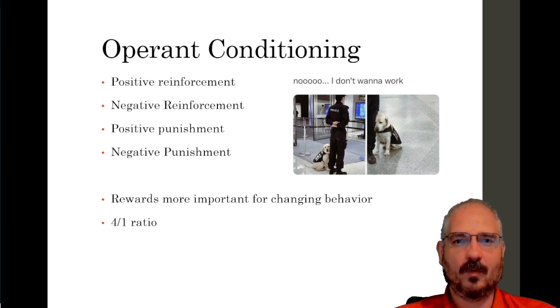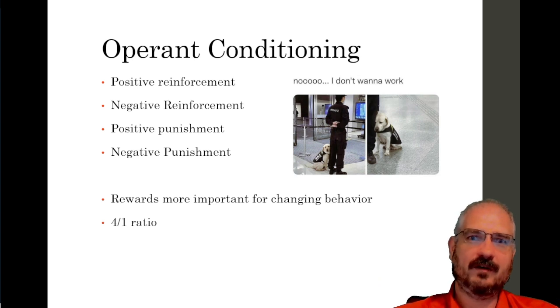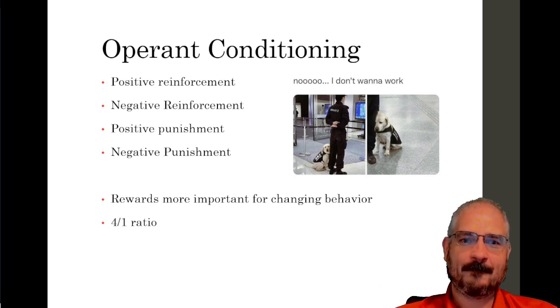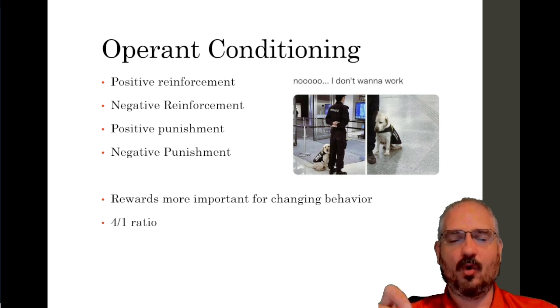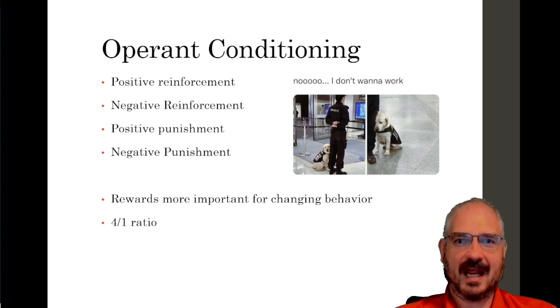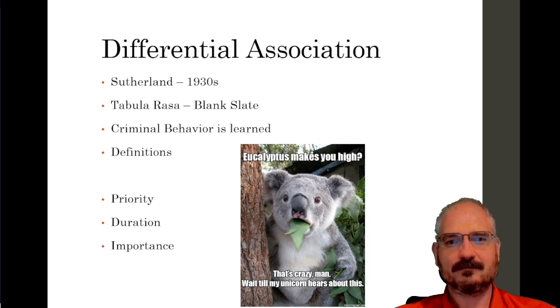It's about a 4-to-1 ratio. It takes about 4 punishments to change behavior as much as 1 reinforcement. Okay? So reinforcement is always a much faster, more effective way of changing behavior. And we'll talk about how this applies to criminology here in a minute, okay?